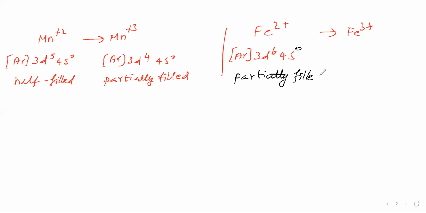Fe plus 3 is argon 3d5 4s0. 3d5 means half-filled configuration. So partially filled is converting into half-filled stable configuration.